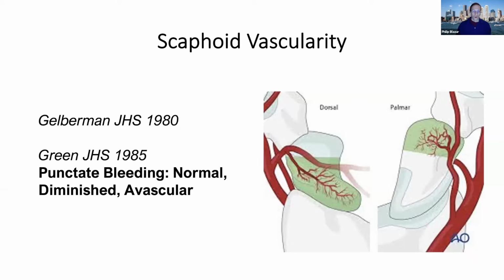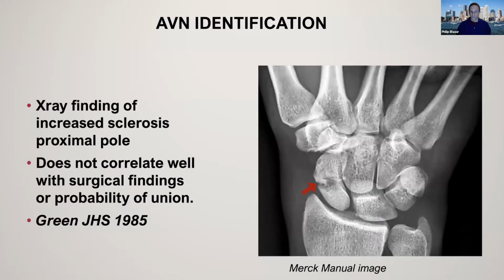Dr. Green also described and correlated this with the probability of achieving union, that looking at the proximal pole, there were those scaphoids that showed normal, some that showed diminished, and some that showed complete lack of punctate bleeding, and correlated the probability of union with these three types seen visually at surgery.